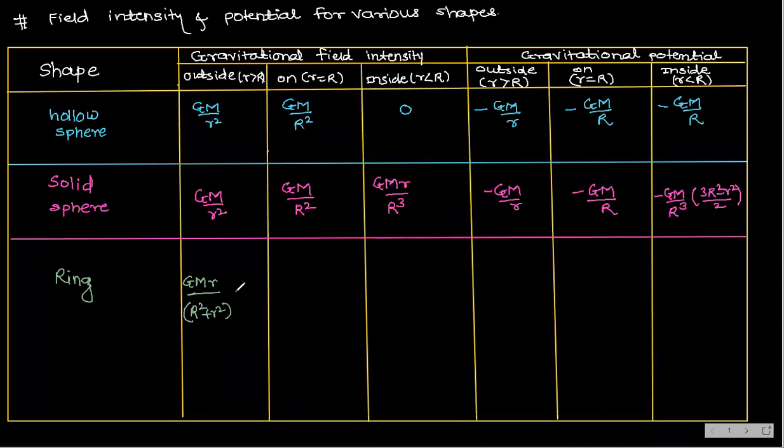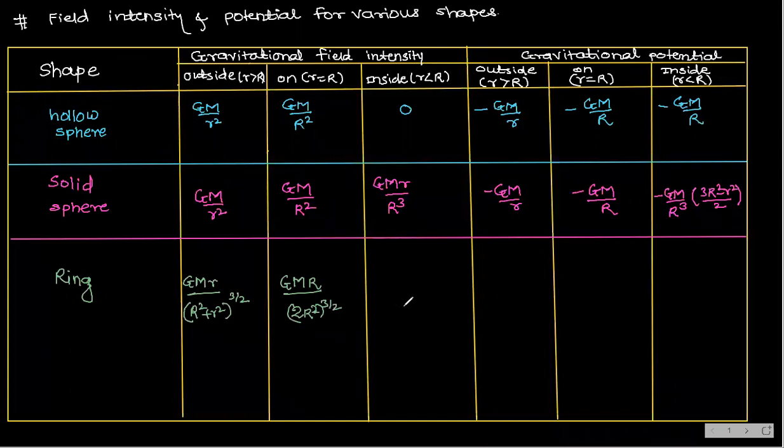Okay, what is that? 3 by 2. On the surface means what here? On the surface means this small r we should replace with capital R, right? So what will you get? GM capital R divided by 2R square whole power 3 by 2.